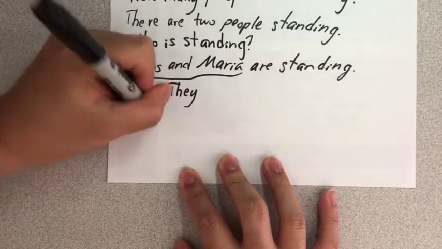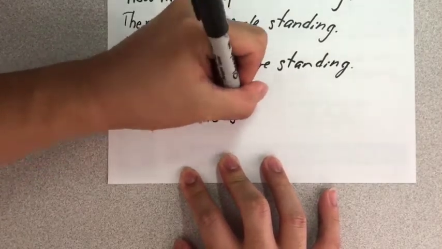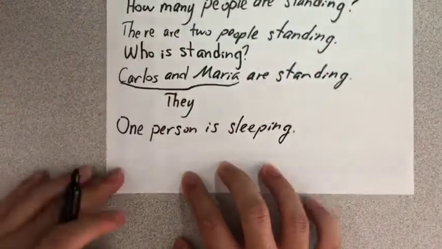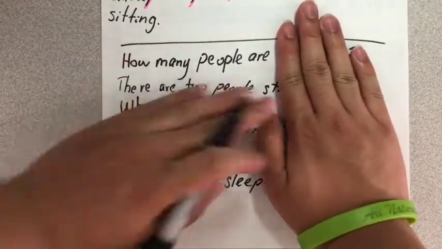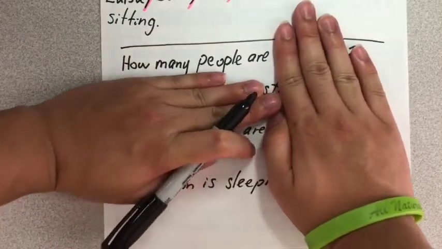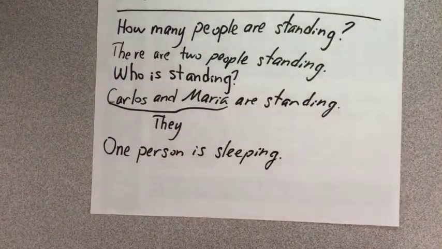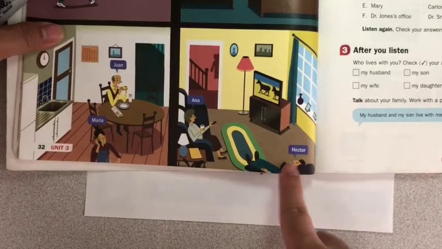One person is sleeping. So we still ask, how many people are sleeping? But the answer is, one person is sleeping. So, who is sleeping? Hector is sleeping.